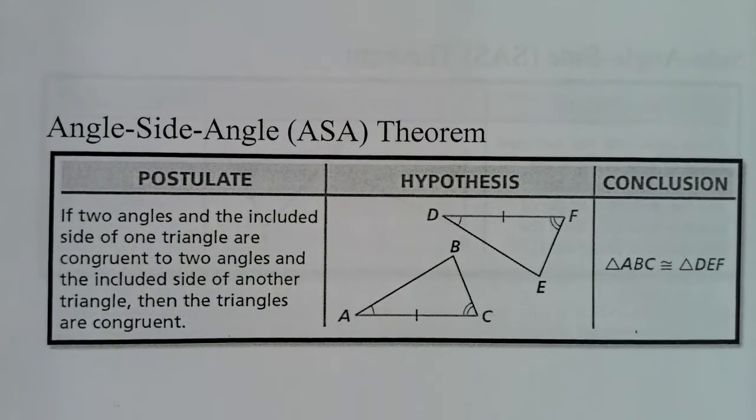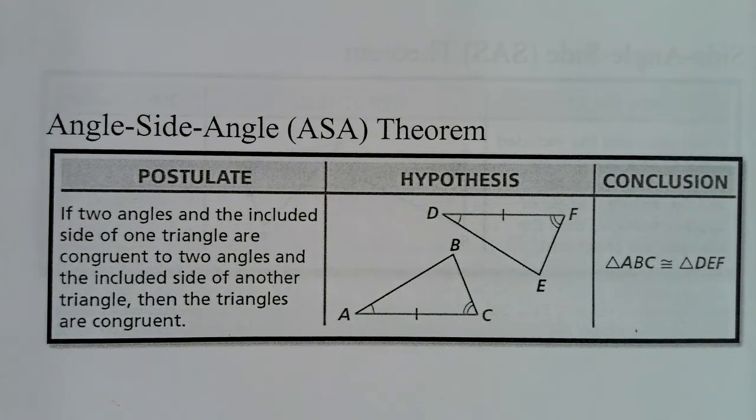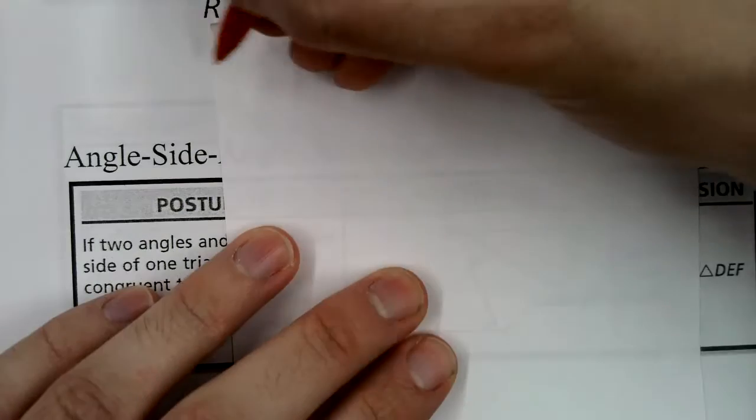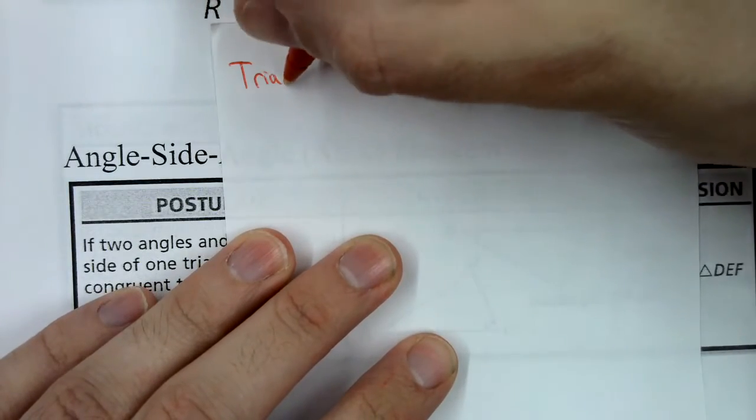That leads to our third shortcut. It's called angle side angle, or ASA for short. I'm going to keep a list of these off to the side so I can refer back to it later in the video. So these are our shortcuts. I'll say triangle congruent shortcuts.